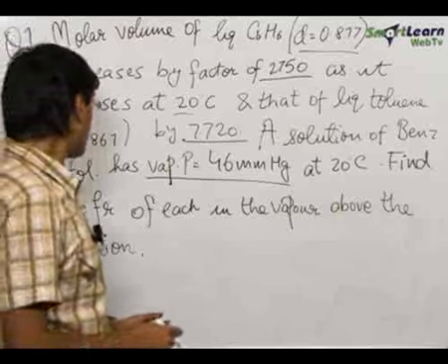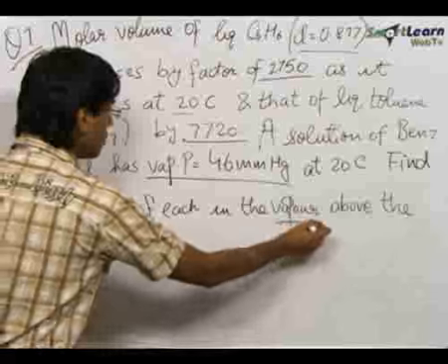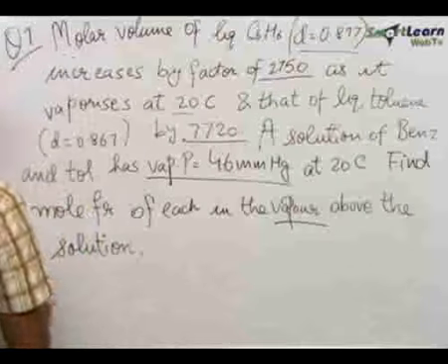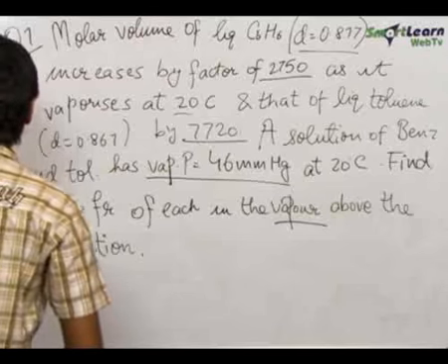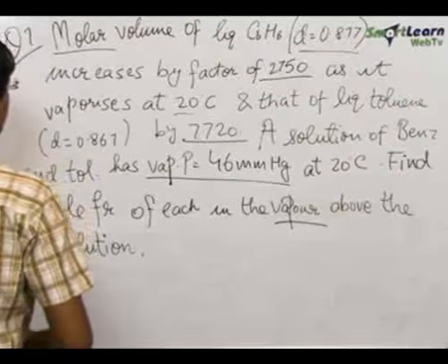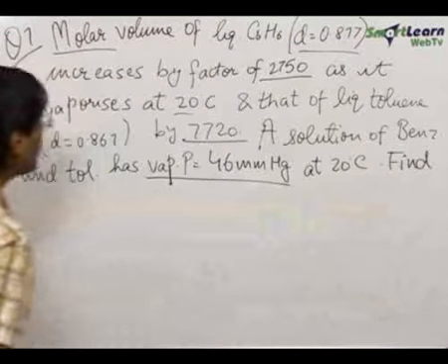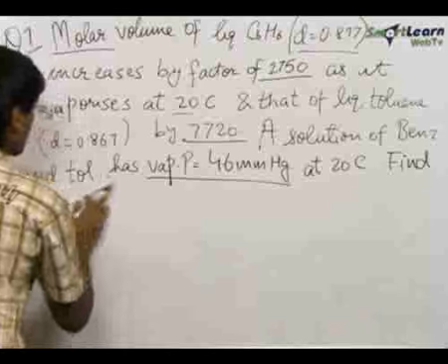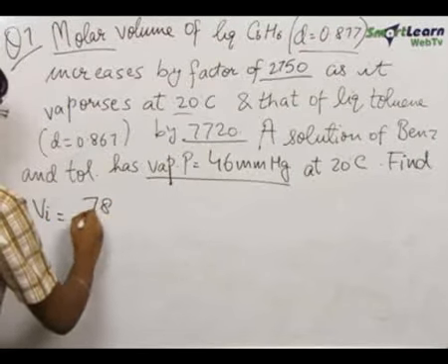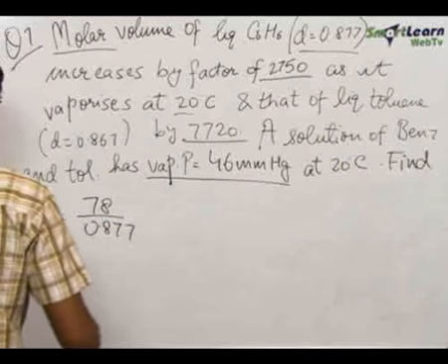We need to find the mole fraction of each of these, benzene and toluene, in the vapor present above the solution. So let us first try to find out the initial volume. Since we have molar volume, we have 1 mole of each of liquid benzene and liquid toluene. 1 mole of benzene means 78 grams of benzene, and hence the V initial for benzene is 78 divided by the density, which is given to be 0.877.